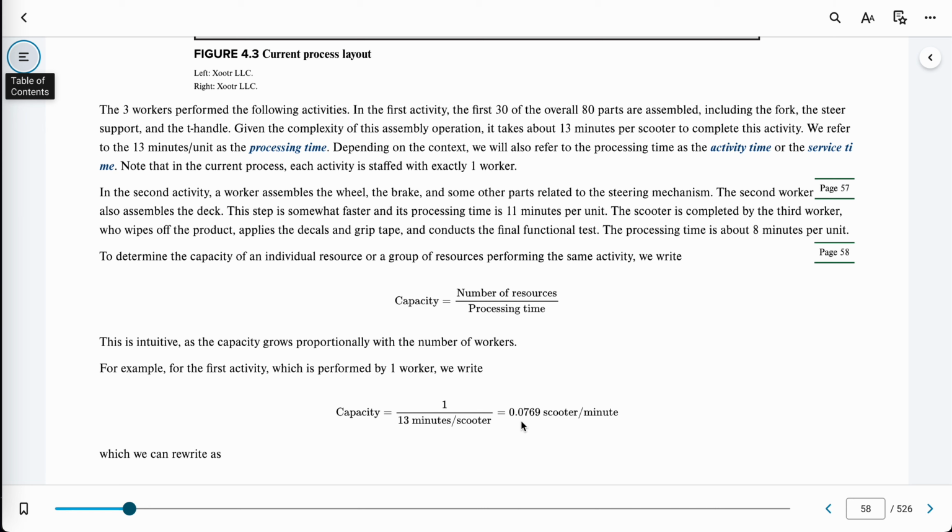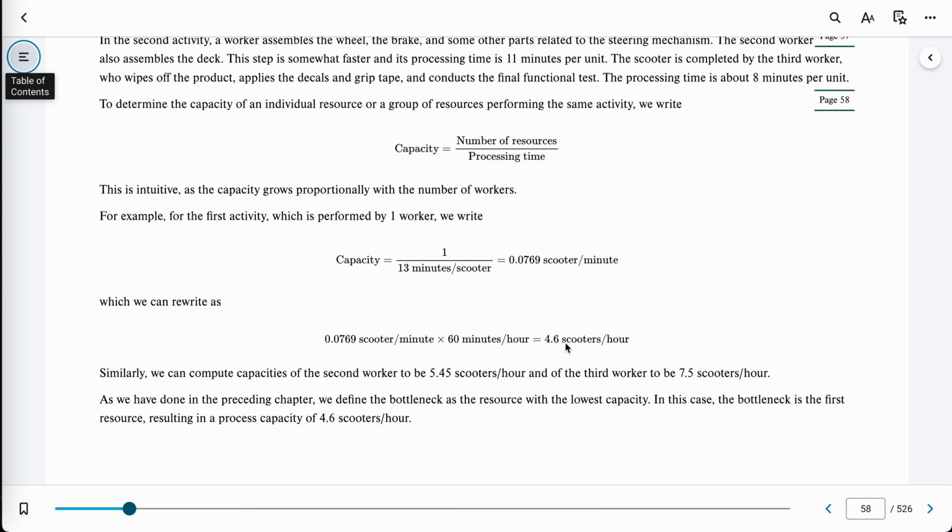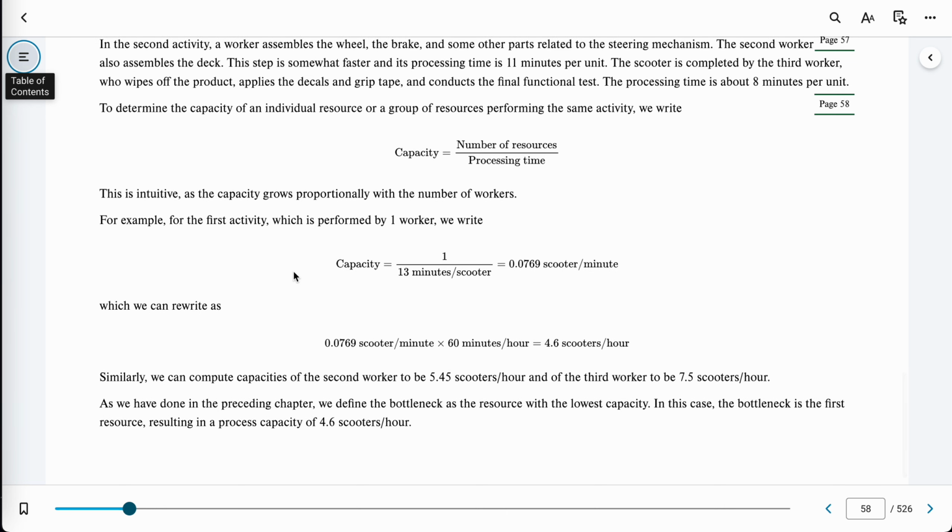So it is 0.769 scooters per minute, or 4.6 scooters per hour, right? Similarly, we can compute that the second worker's capacity is 5.45 scooters per hour, and the third worker's capacity is 7.5 scooters per hour. So 1 divided by 11, and then 1 divided by 8. That'll give us the capacities.